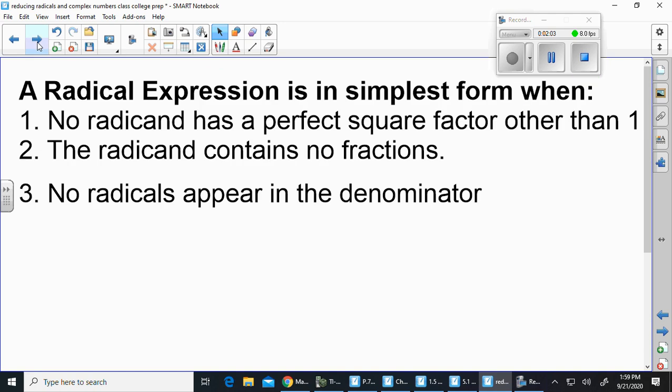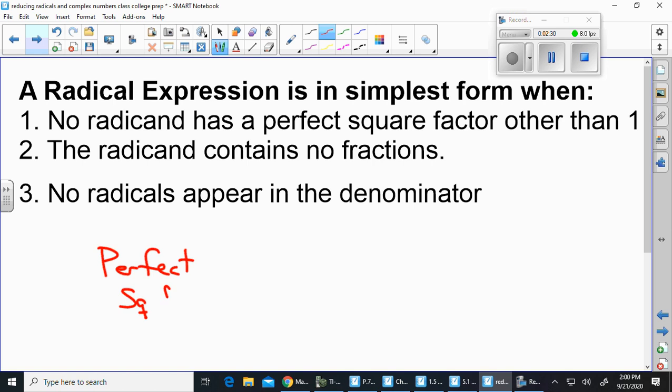So a radical is in simplest form when no radicand, which is what is under the radical, has a perfect square factor other than 1. The radical has no fractions, and there are no radicals in the denominator. Now, the first thing we have to know is what perfect square factors are.